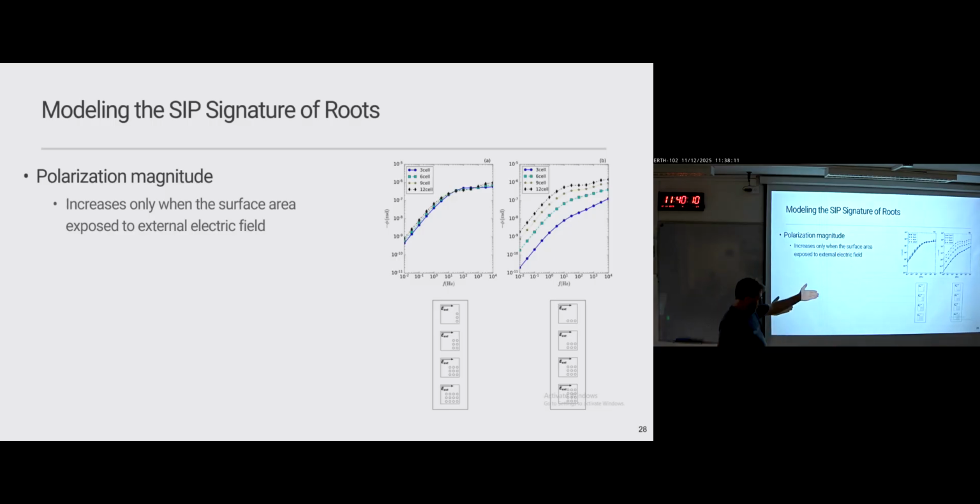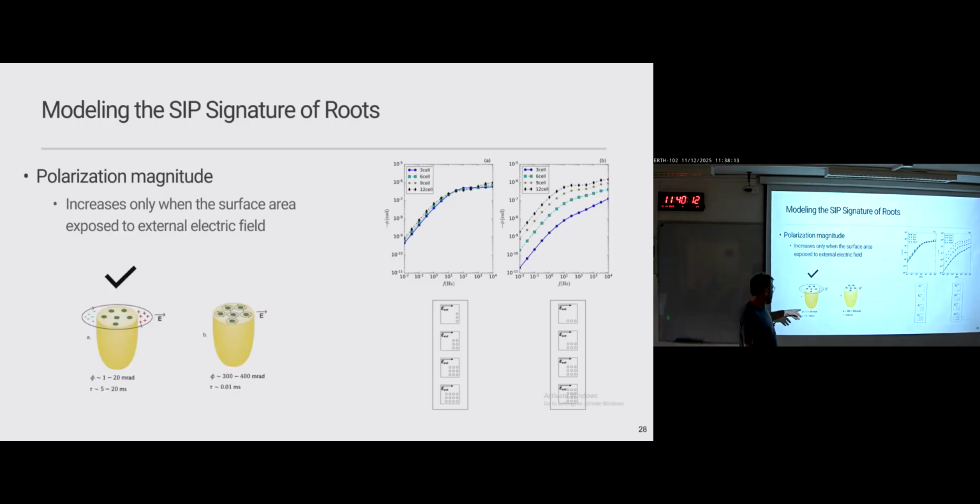So this simulation showed that when we look at root polarization, we are sensitive to the root diameter, okay, and to the electric potential resulting from somehow the superposition of all cells inside.